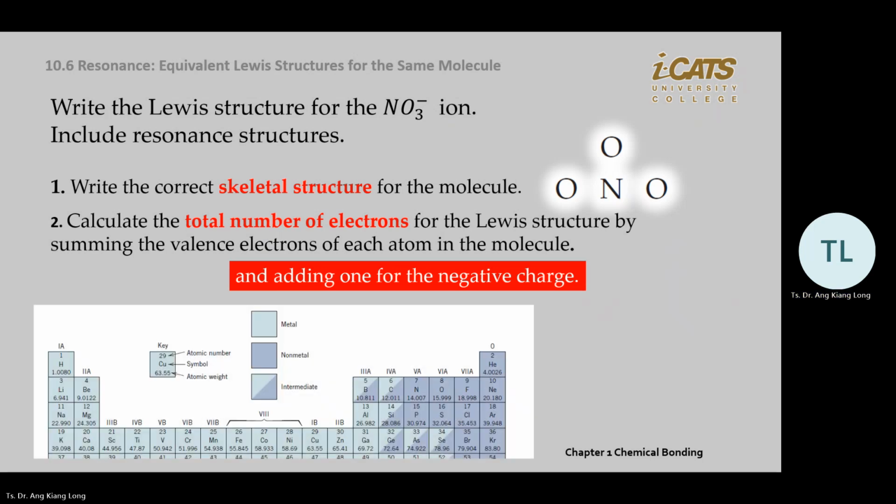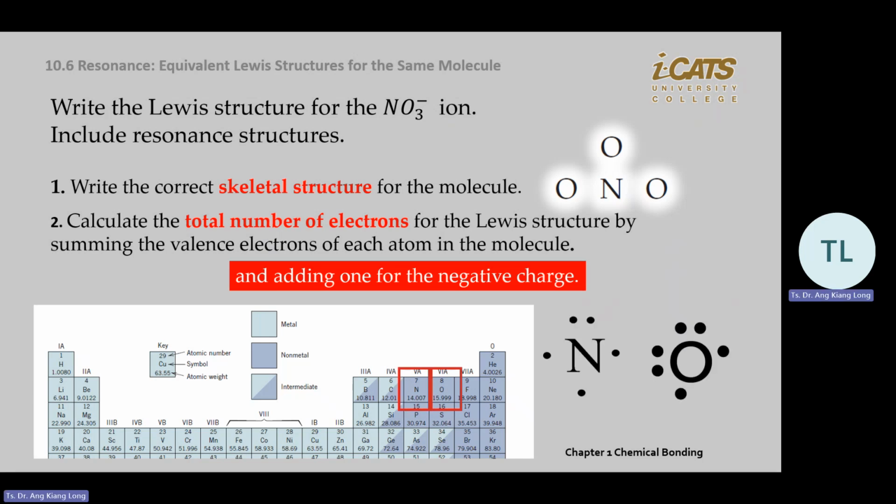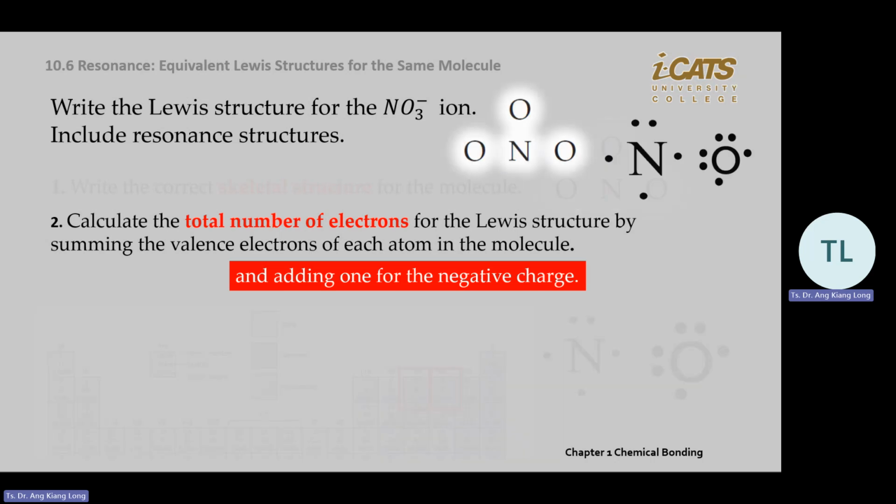If you understand the periodic table, nitrogen is group 5 and oxygen is group 6, so you have 24 electrons. But this is a negative charge, so you have 25 electrons. Make sense? I will go very fast. Again, remember to draw the Lewis structures for individual elements, just for your answer check.